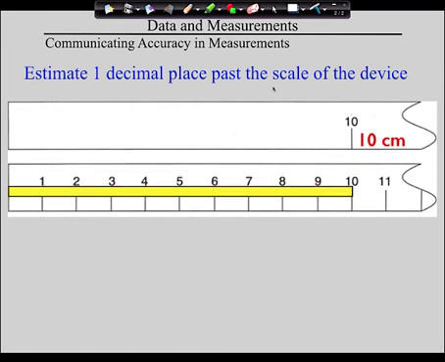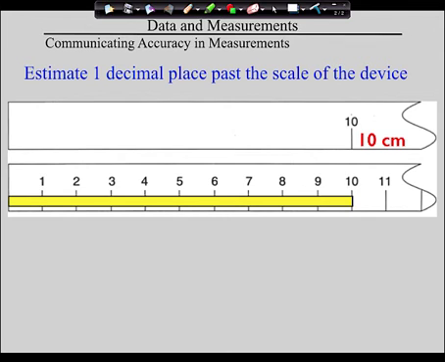So we bring this down, and now we make a measurement again. But guys, check this out. We now know that this is still 10, but watch how this is different. Because now we are measuring in individual centimeters. So if we are measuring in individual centimeters, we need to estimate 1 decimal place below that, which is what?